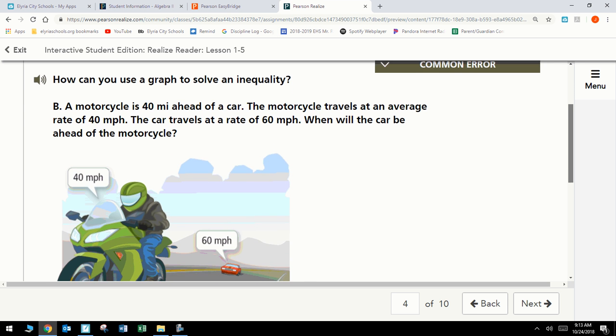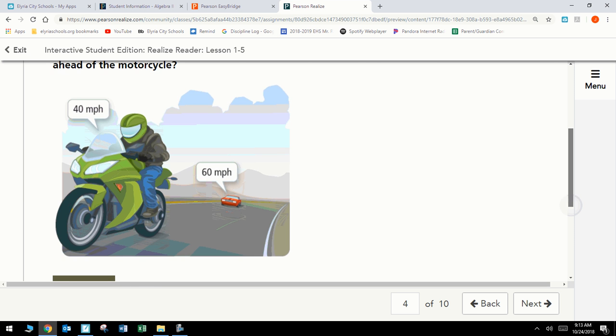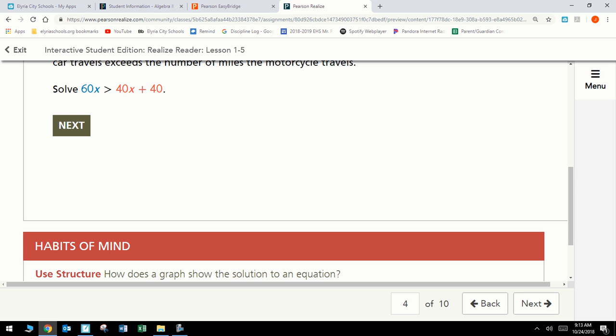Okay, so using a graph to solve an inequality again, this time we're looking at a word problem, our favorite kind of problems. It says a motorcycle is 40 miles ahead of the car, and it travels at about 40 miles per hour, but the car travels at a rate of 60. We want to know, when is the car going to be ahead of the motorcycle? To solve that, I need graphs that represent their speed.